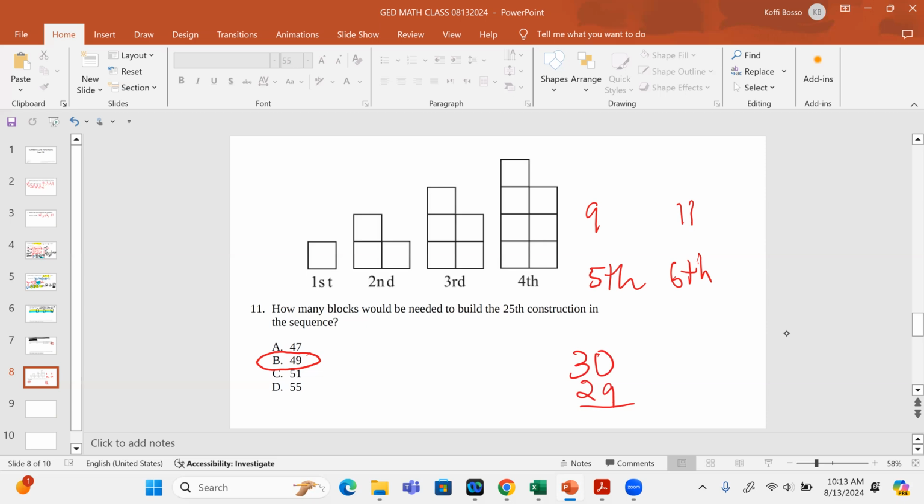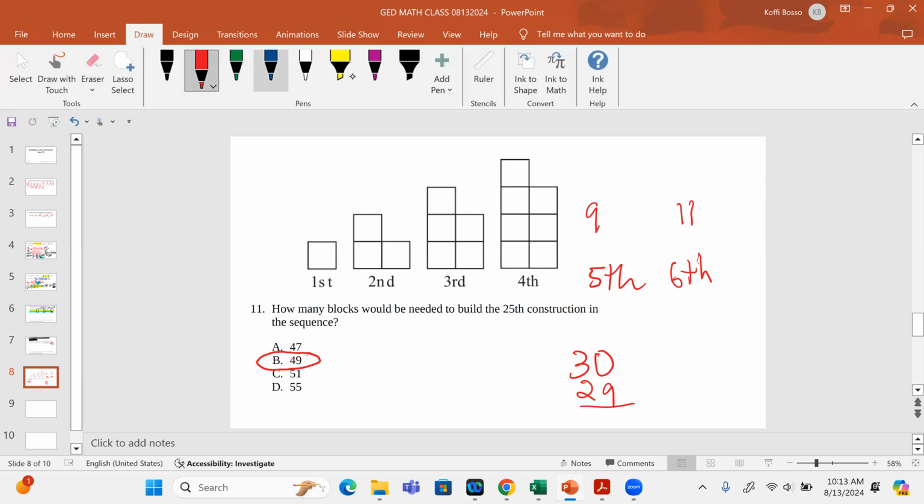Okay, look. Only your position, first method, first position, right? Okay. The first position. What number do you have below 1? 0. What is 0 plus 1? It's 1. That's why you have a 1 block. Good? Okay.